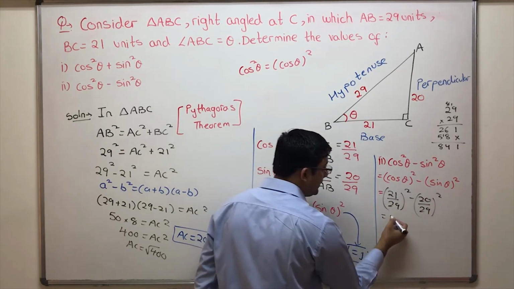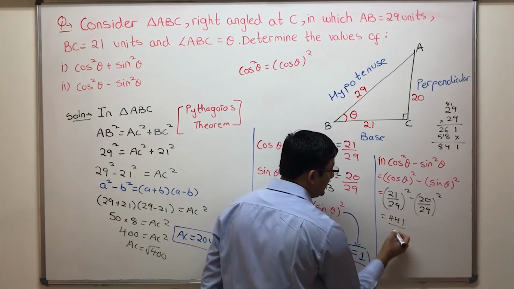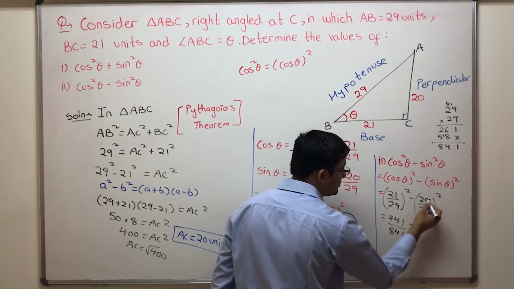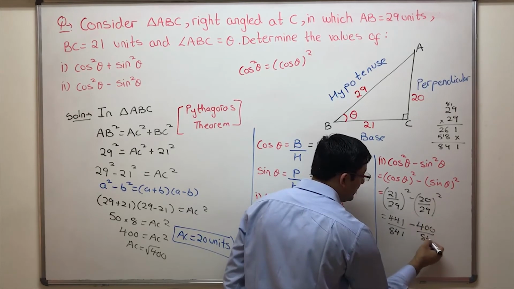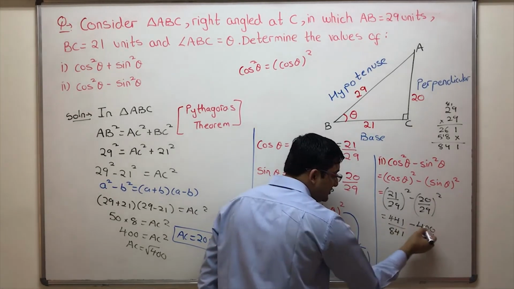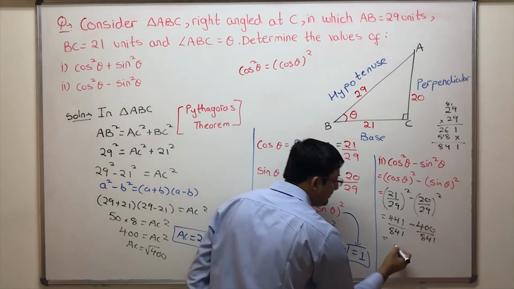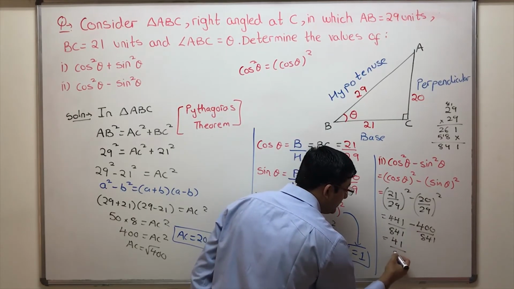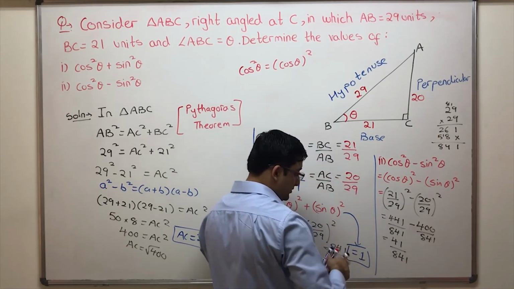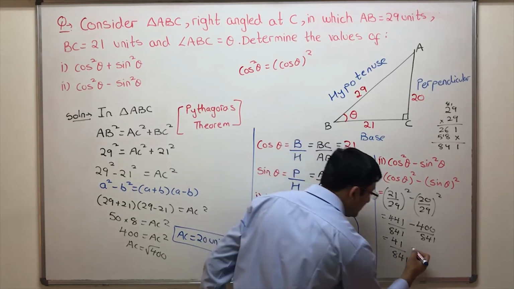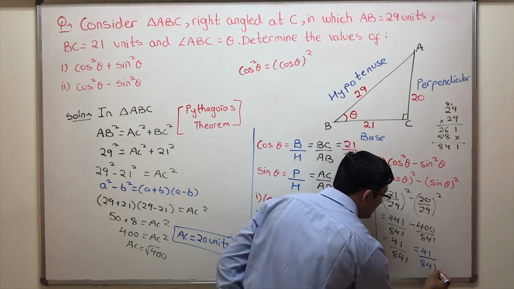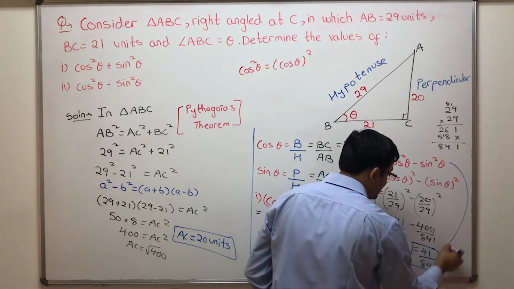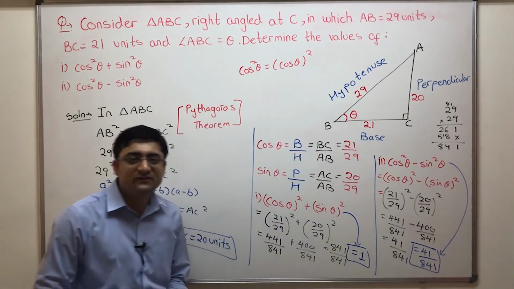So 21 square, 441, upon 29 square, 841, minus 20 square, that is 400, upon 29 square, 841. Denominators are the same, so subtract the numerators. 441 minus 400 is 41 by 841. Can we further simplify this? No, 41 is a prime number. So the answer is 41 by 841. Hence, we have completed the question.